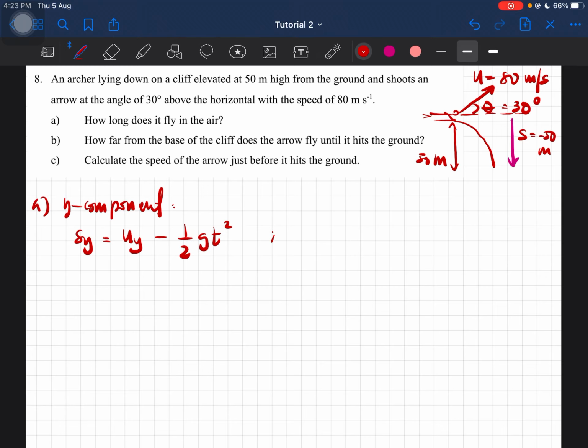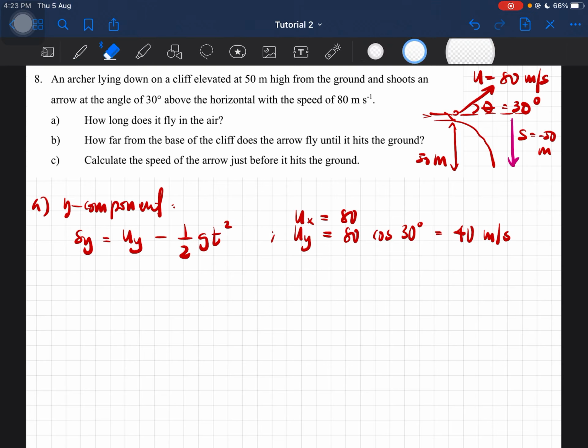Okay, so uy, what is uy? Uy is 80 cos 30 degree. Okay, why do I use cos? Because the angle is adjacent to the x-axis. Okay, so calculate this, you'll get 40 meter per second.